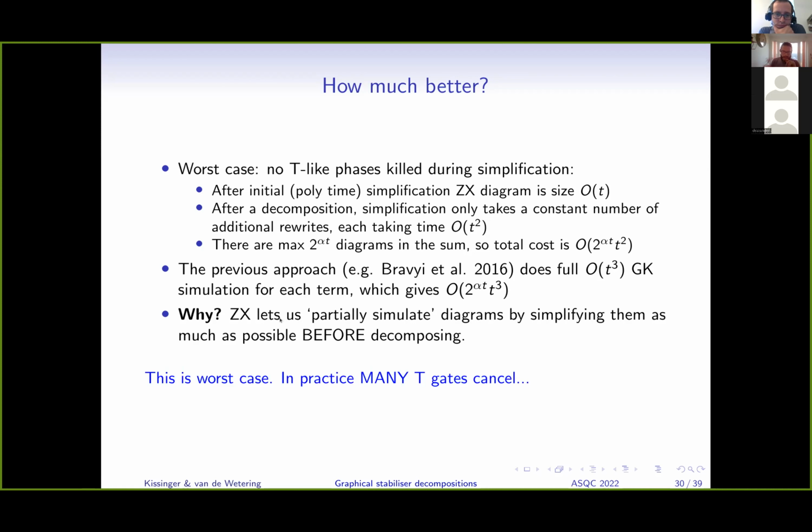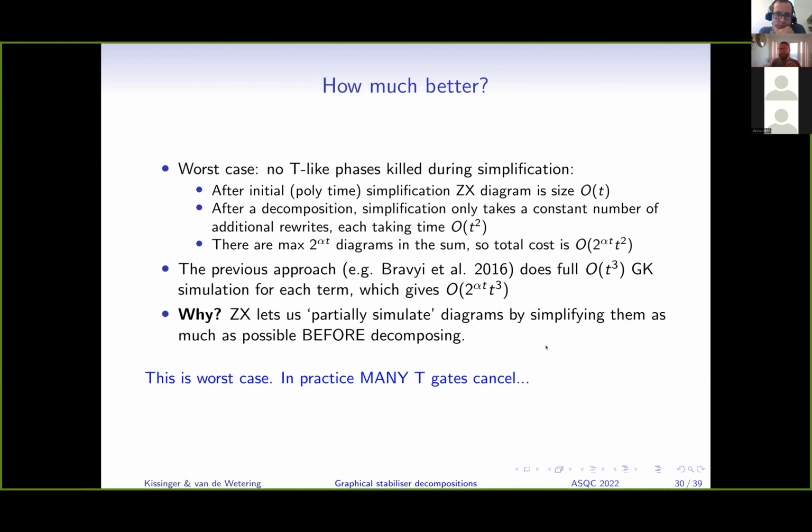The reason is that the ZX simplification lets us partially simulate these diagrams by simplifying them. So we can eliminate as much of this Clifford stuff as possible before we decompose. It stops us repeating ourselves, and this gives us a bit of an advantage.